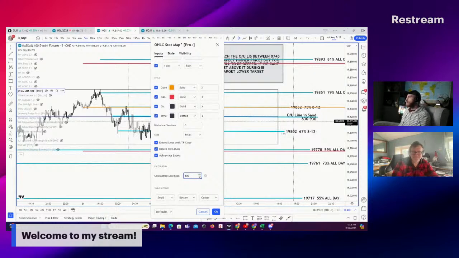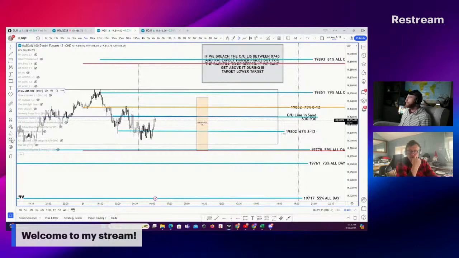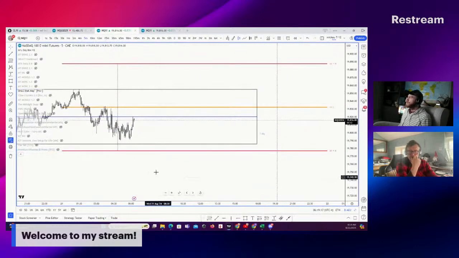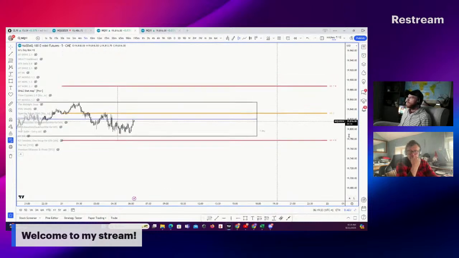I like to use the last 20 days, because that averages the last month worth of trading. So what it does is it takes open, which he has as midnight, and it shows the average prices and time.